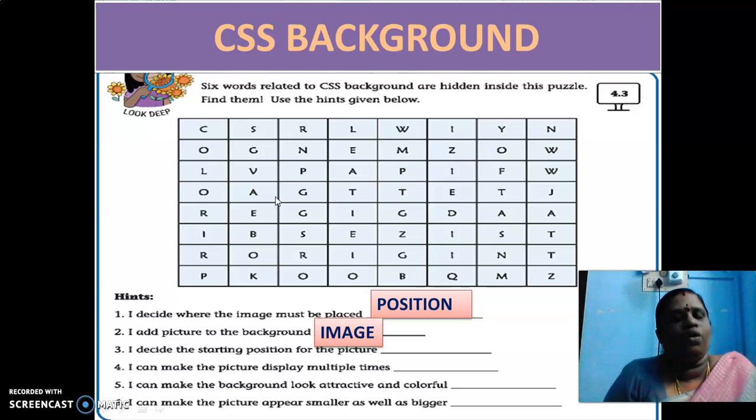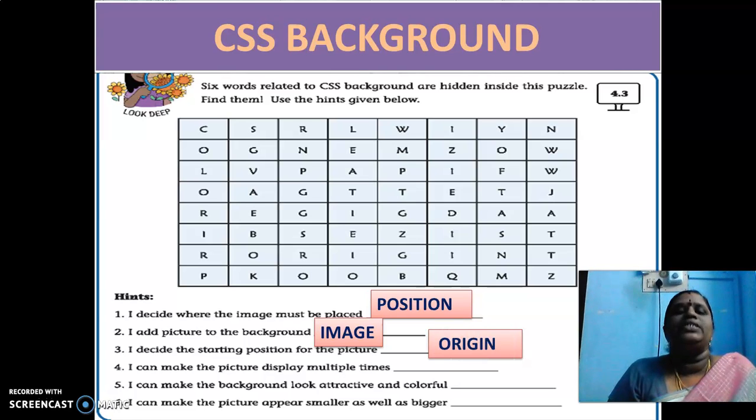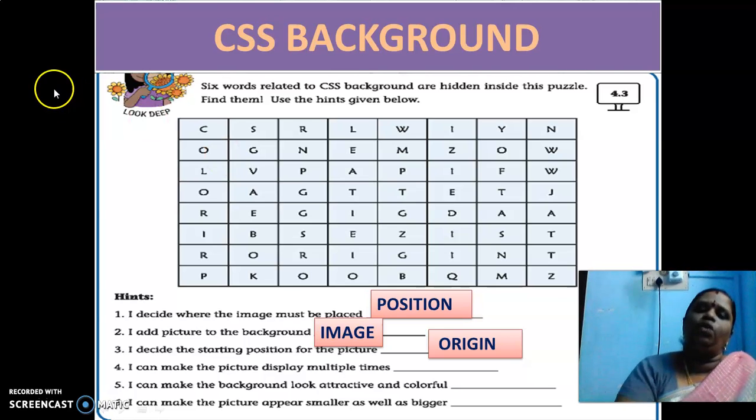The next question is the hint for the next attribute. I decide the starting position of the picture. Which one decides the starting position of the picture? Can you guess it? Origin. So, origin decides the starting position for the picture. Where is that origin?